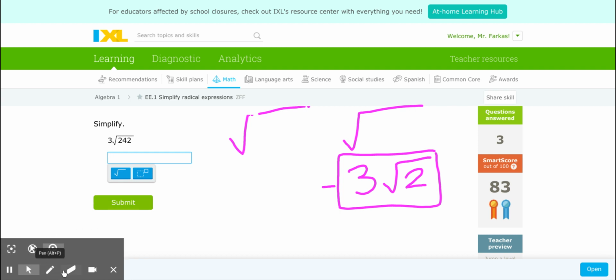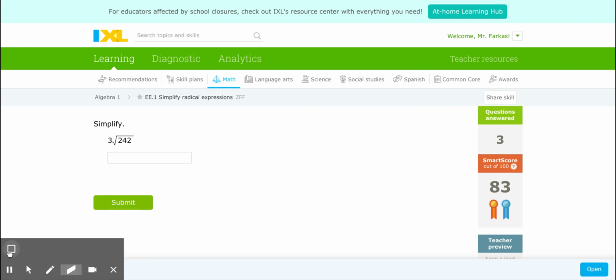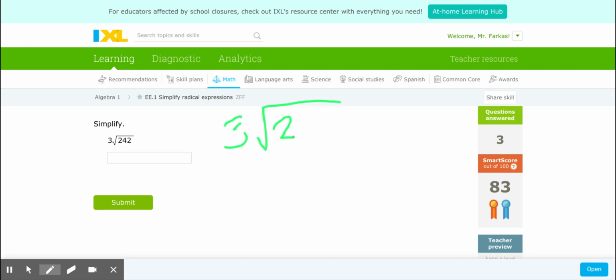All right, here we have one that's a little bit tougher. So we have 3 times the square root of 242. Let's try breaking this down into smaller digits that we can think of. Well, since 2, 4, and 2 can all be divided by 2, we know that this is an even number.